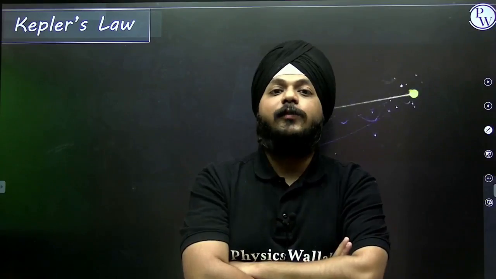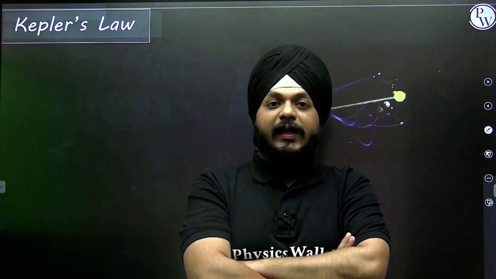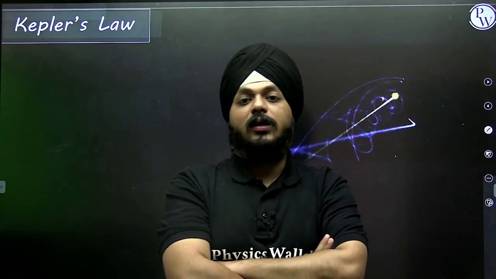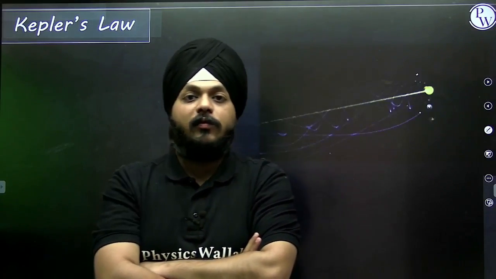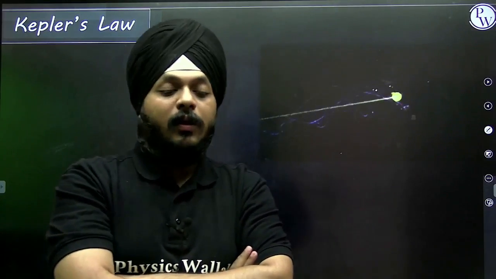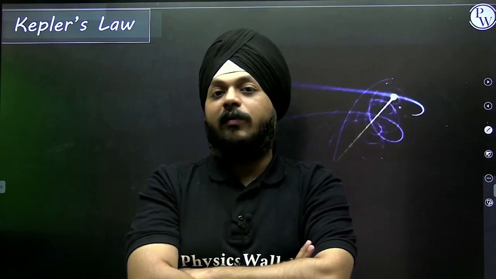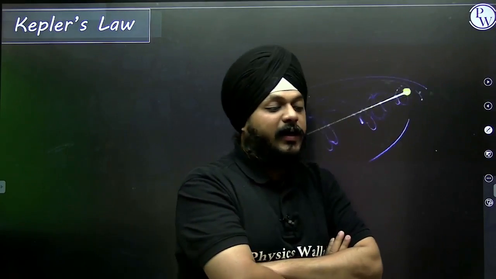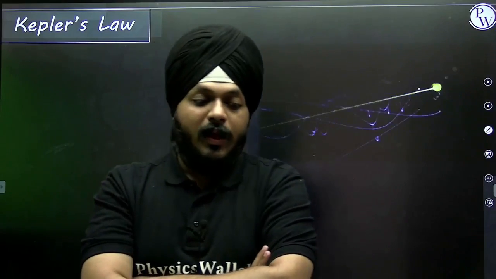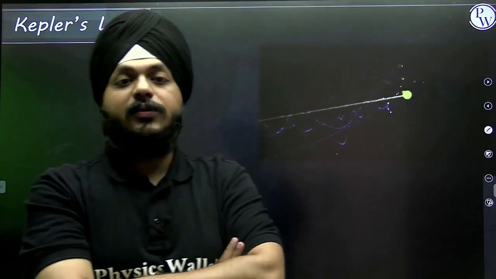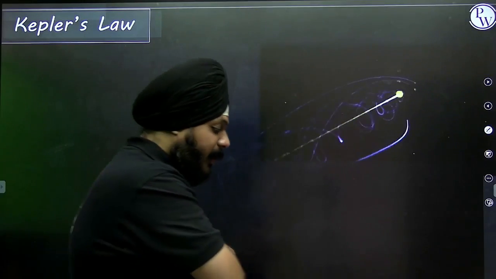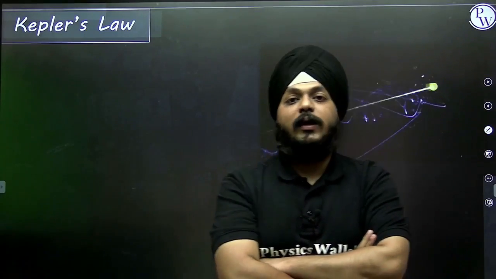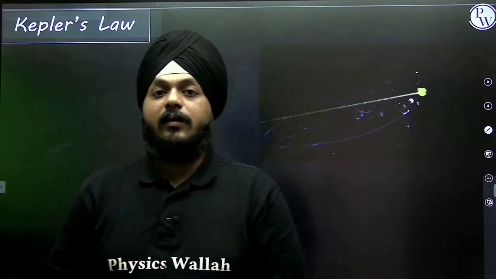Galileo was charged with blasphemy for a statement about the actual position of the planets in the solar system and around the sun, which went against the church. So Kepler was the person who gave three laws and defined things well.